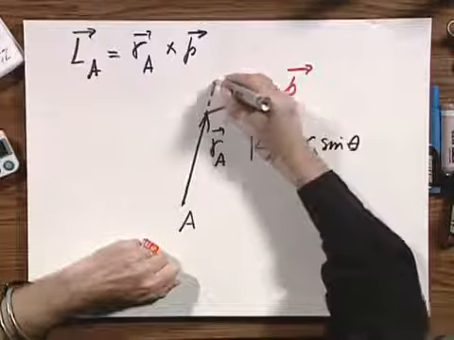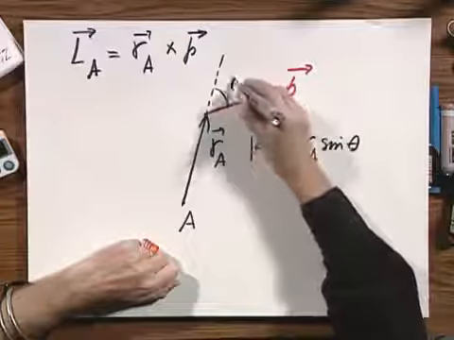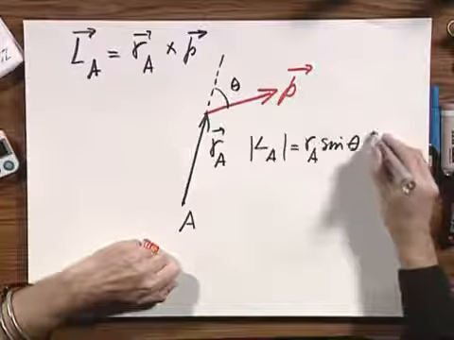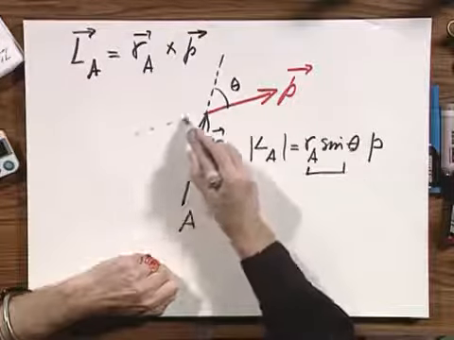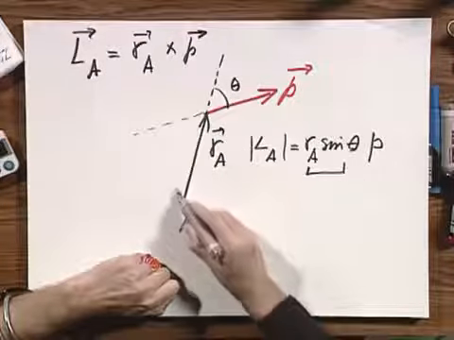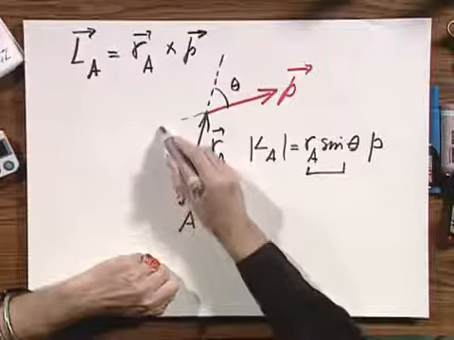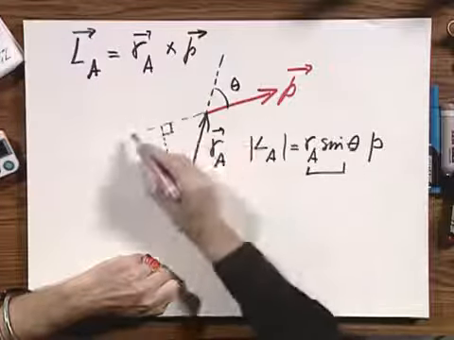If theta is this angle, times P. And RA sine theta is the vertical distance from point A to the line of P.